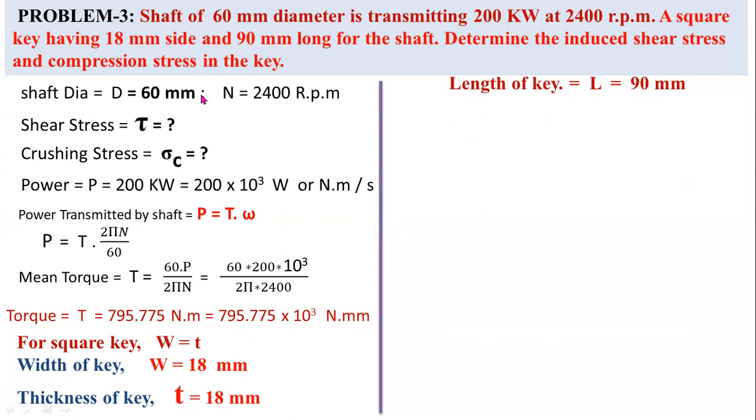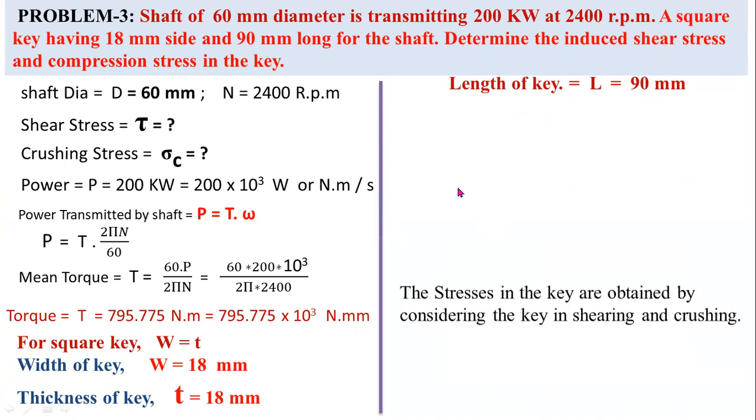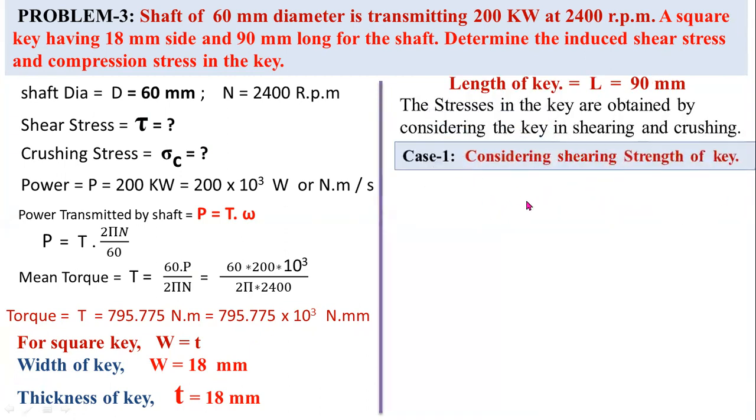For determining the shear stress induced in the key, you have to use the formula torque T equal to L into W into tau into D by 2. This is the design of key on the basis of shearing strength. From this formula you can calculate the shear stress induced in the key. Now substitute the values of torque T, length, width and diameter.